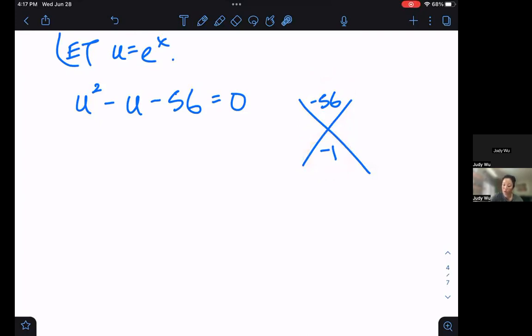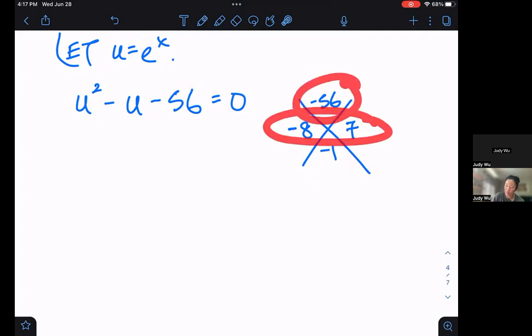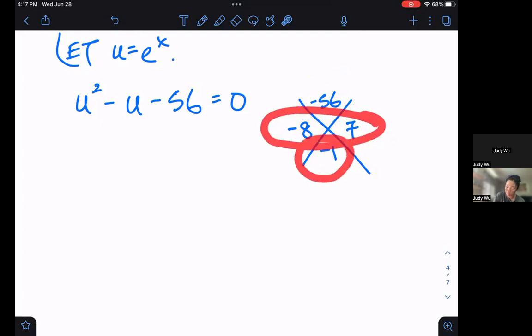So if we think about our multiplication table, we might remember that 8 times 7 is 56, but I need a negative 56, so one of those should be negative 8, right? Because negative 8 times 7 gives me negative 56, but negative 8 plus 7 gives us this negative 1.